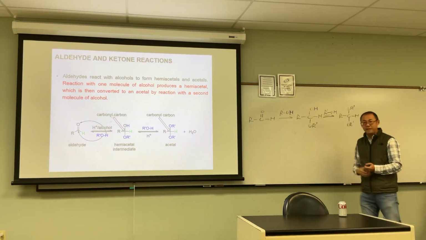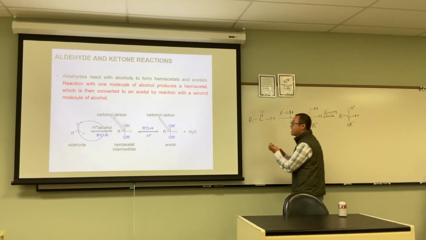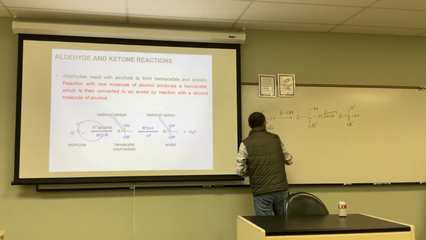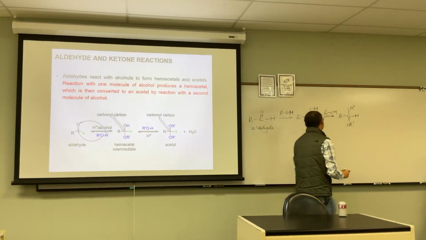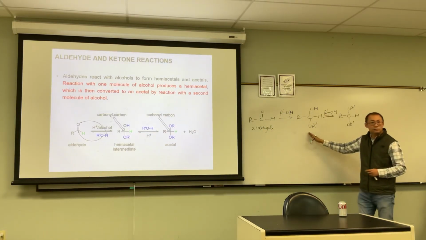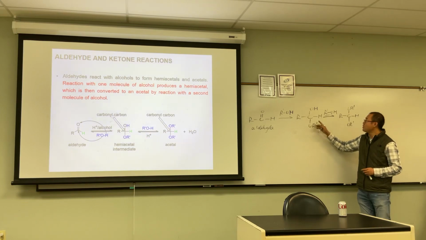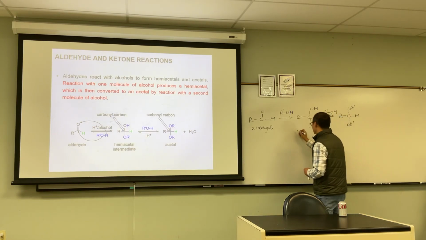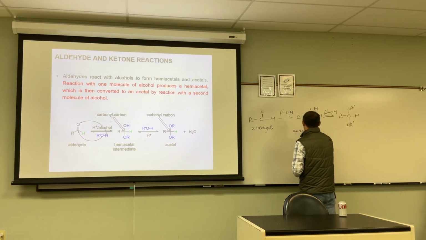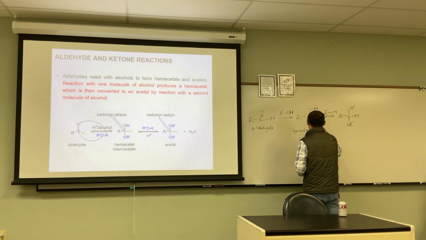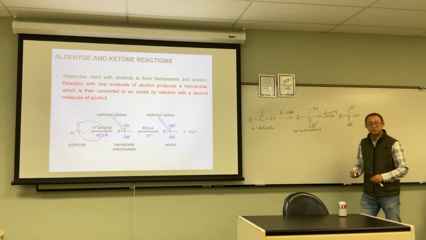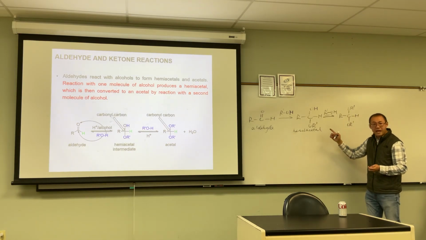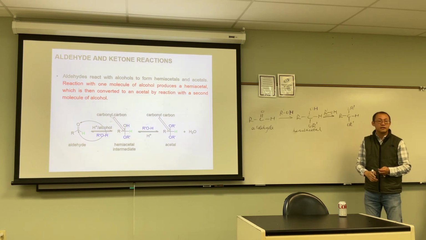Now let's check the names. We know this is an aldehyde. After adding the first alcohol, the product here is called a hemiacetal. Hemi means half. Acetal, A-C-E-T-A-L.